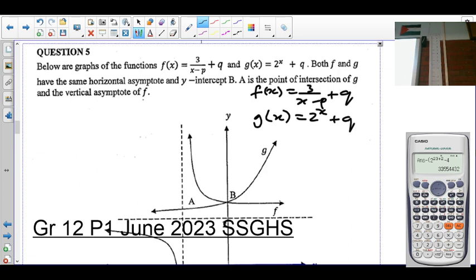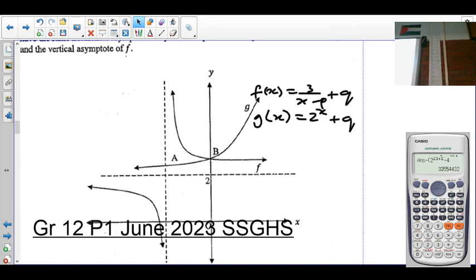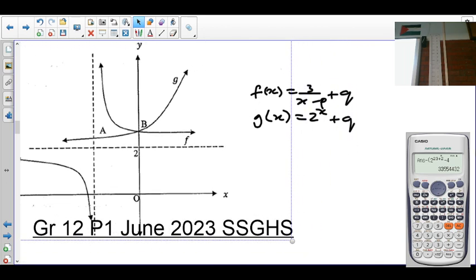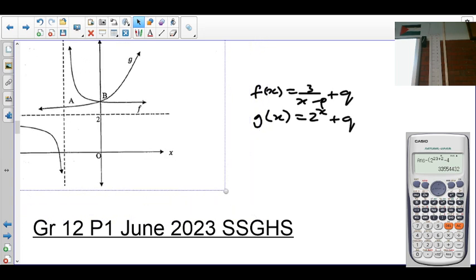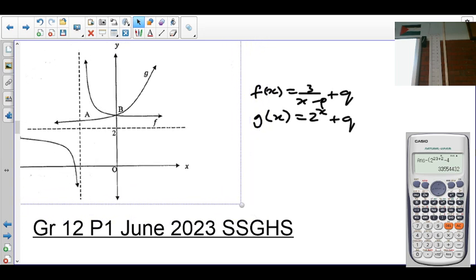Both f and g have the same horizontal asymptote and a y-intercept at B. A is the point of intersection of g and the vertical asymptote of f. Okay, as you can see, there's a line. I'm just going to make this a bit smaller.